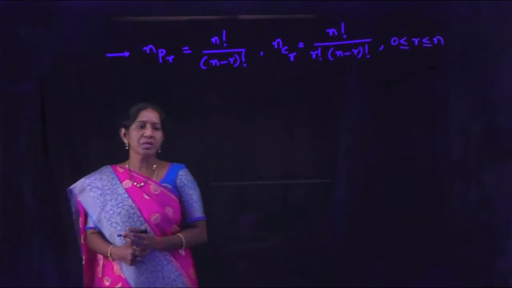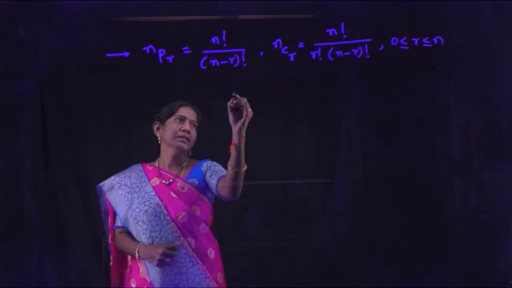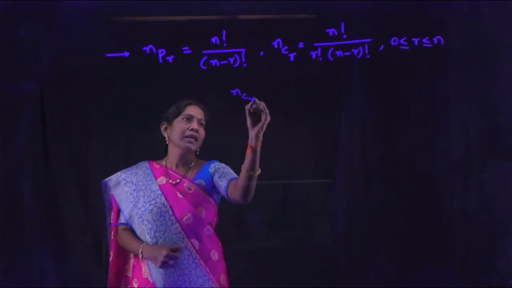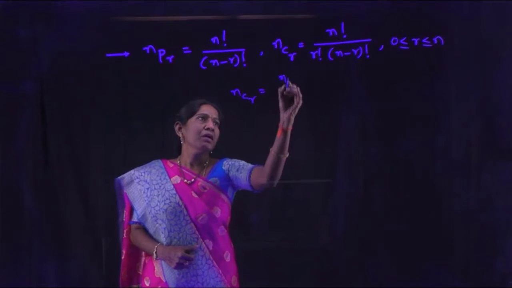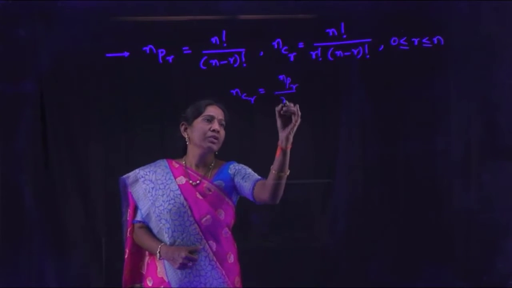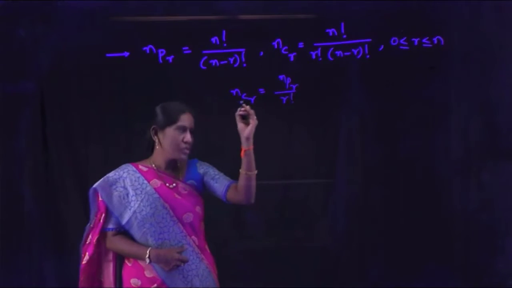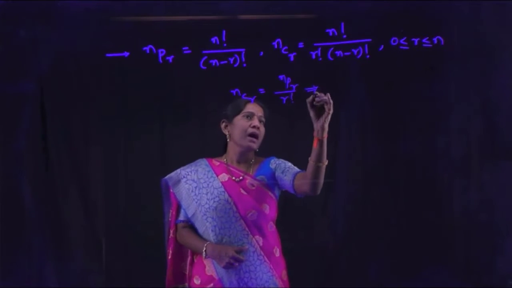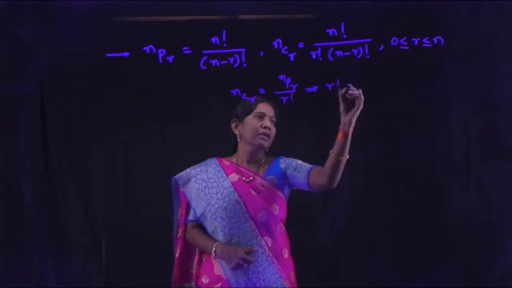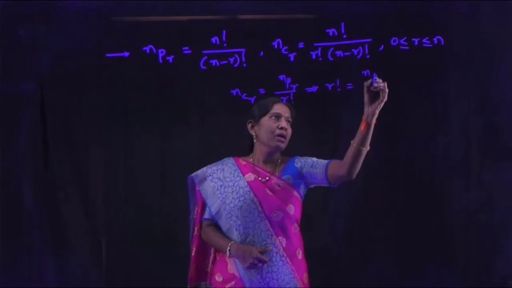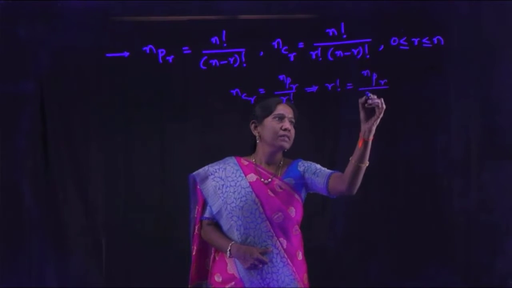From these two, we can write nCr is nPr by r factorial, or also r factorial equals nPr by nCr.